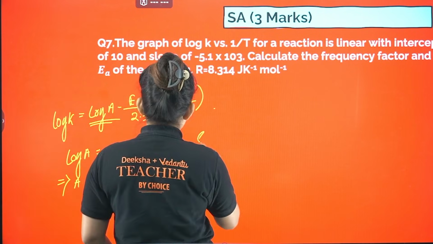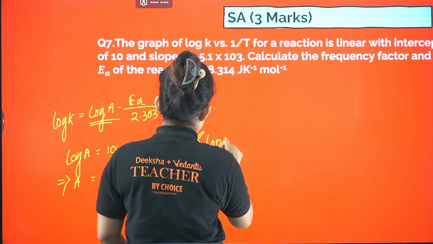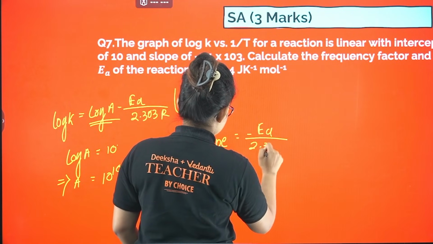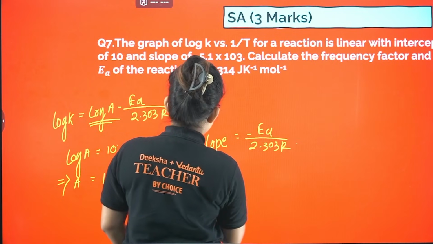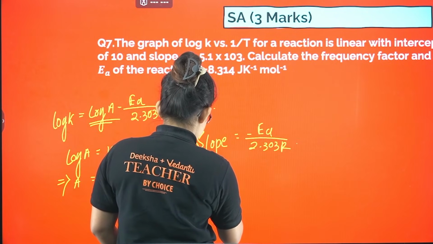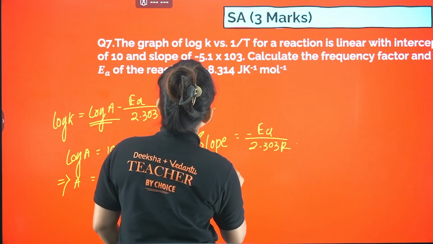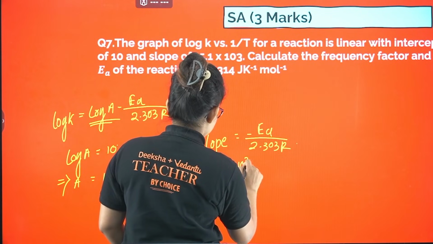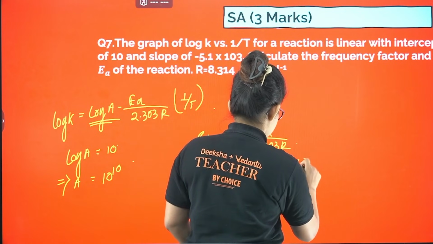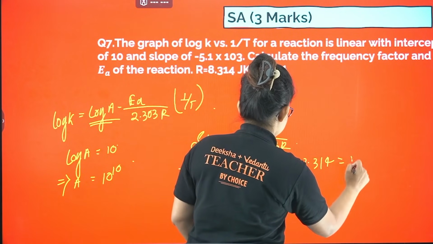Okay, next slope. Calculate the frequency factor and EA as well. Okay, so from this straight line equation, slope we are having is minus EA by 2.303 R. Slope value is given as minus 5.1 into 10 cube. So let's multiply into 2.303 into 8.314, that is equal to EA.